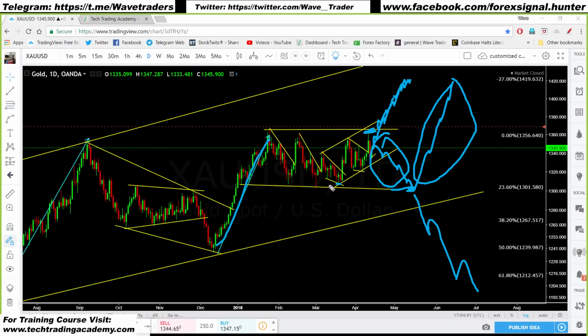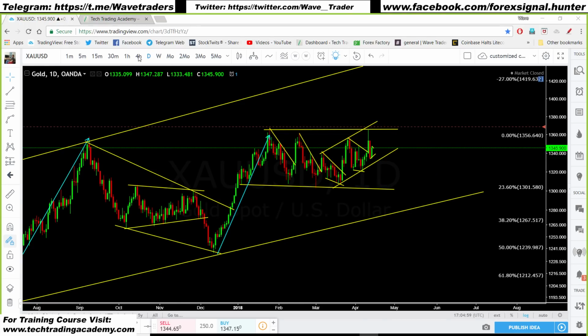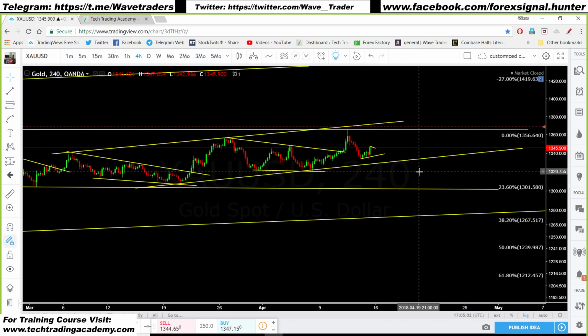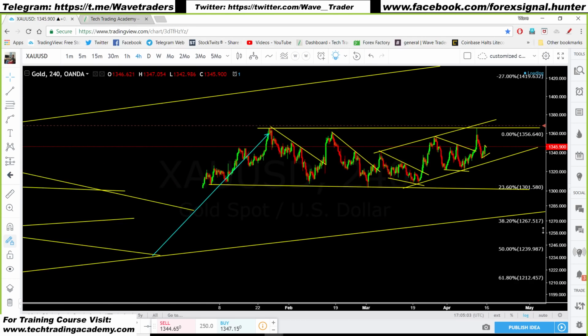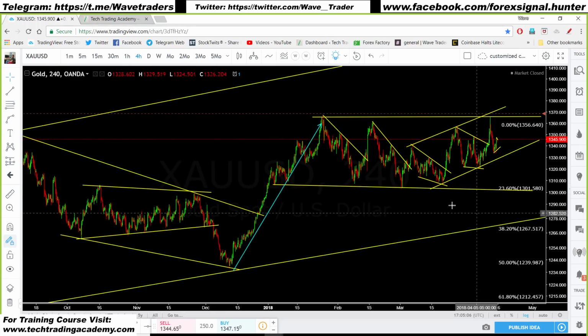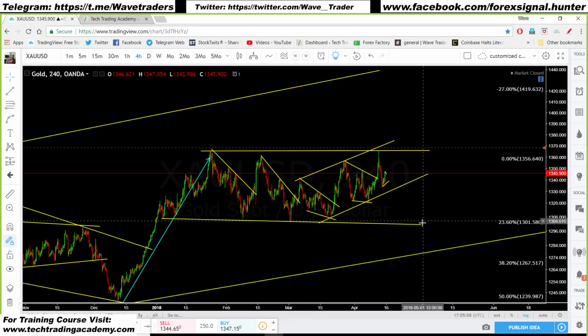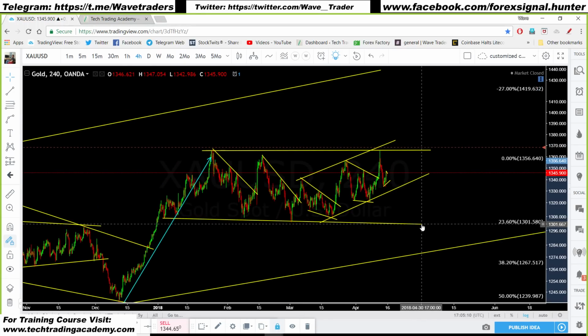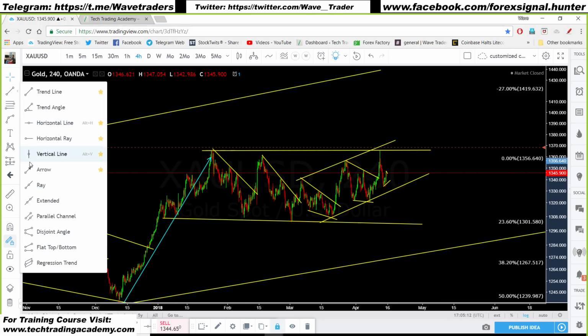I was showing you that wave from this area, from that bottom, if you remember. We are still within that pattern. Let me show you by drawing some arrows, and you will start to see a clear pattern formation.